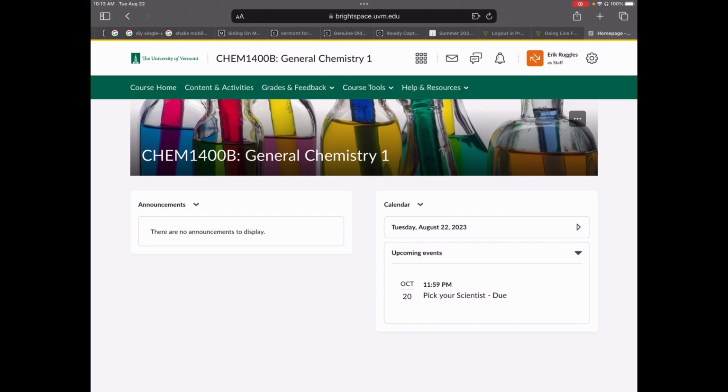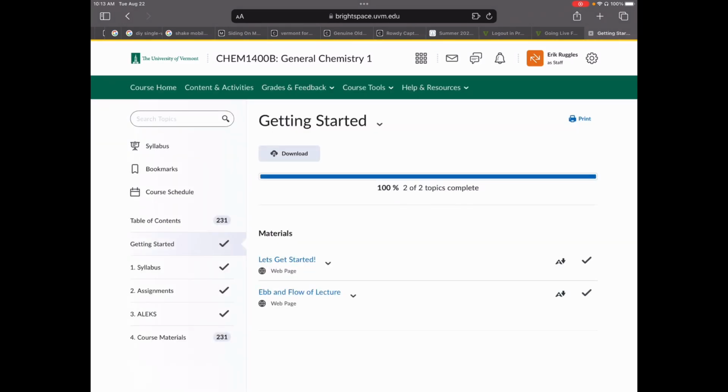The next would be contents and activities, and this is really like a table of contents. If we look off to the left, we see a navigation pane, which involves the syllabus, bookmarks, and course schedule, for instance. This is just standard protocol for their web design.